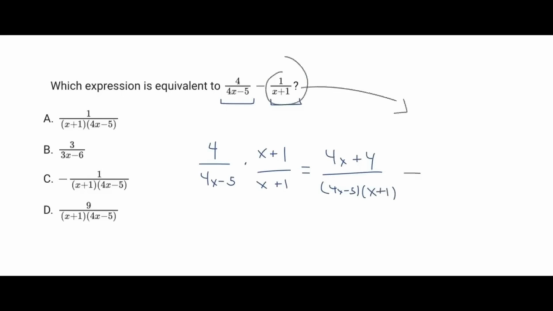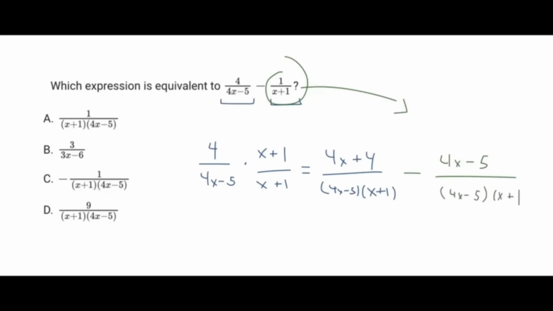We're going to be multiplying this by 4x minus 5 over 4x minus 5. And so therefore we will get 4x minus 5 over, and then we get x plus 1. So that's just going to be the same thing, 4x minus 5 and then x plus 1.